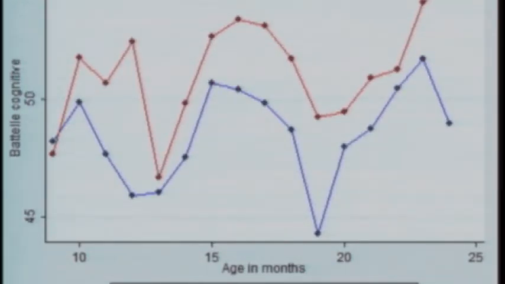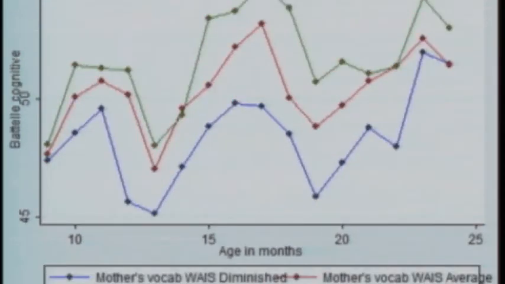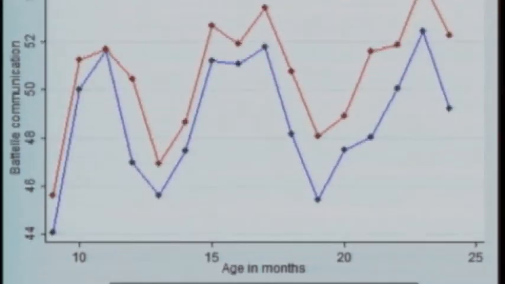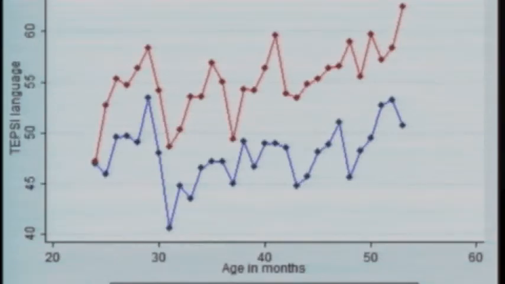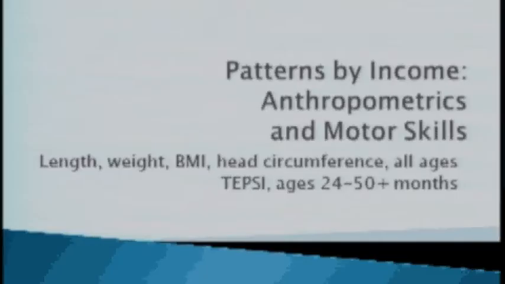This is now going to the Battelle cognitive measure. This is for a different age range. These are relatively young children. Again, some difference by income quintile, by maternal schooling. This is the Battelle communication, a smaller difference. Likewise, with regard to maternal schooling, this is the TEPSI language score.